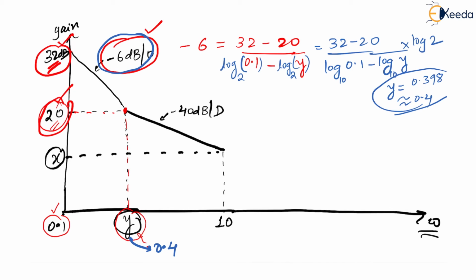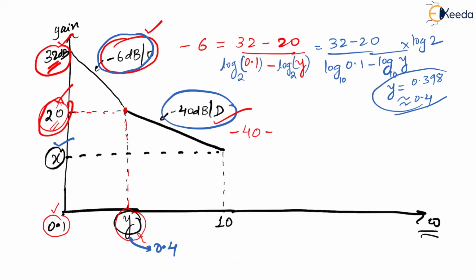Is that correct? Yes. Now I am interested to find this x. How do I find that x? Again, the slope is known. This slope is in decade, which means definitely I have to use log to the base 10.